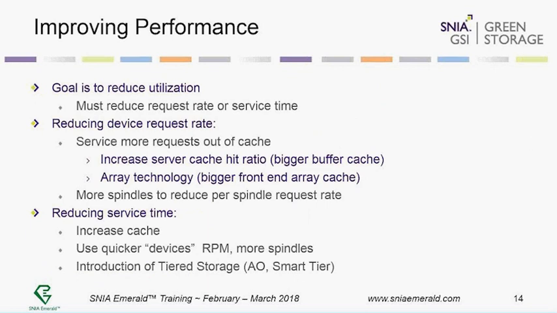Okay, so why are we talking about improving performance? What's that got to do with the price of eggs here? Well, as you folks have noticed, one of the measured parameters in our metrics is an I/O rate or a throughput rate.